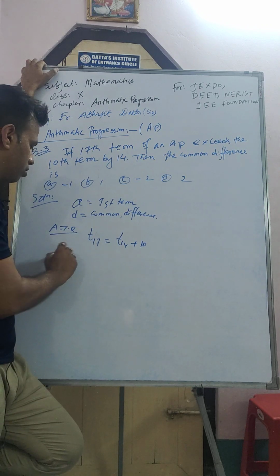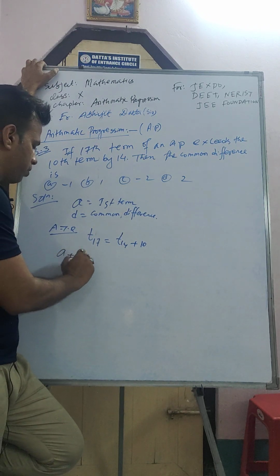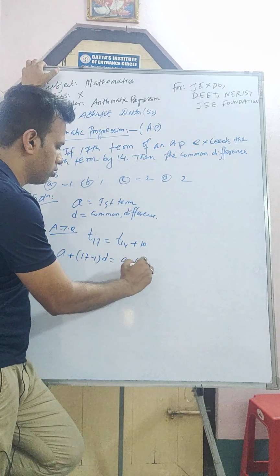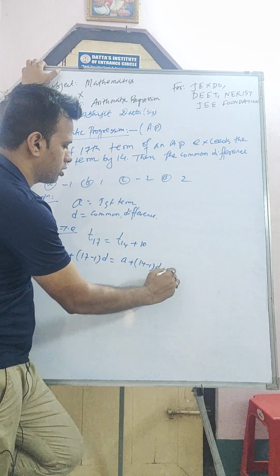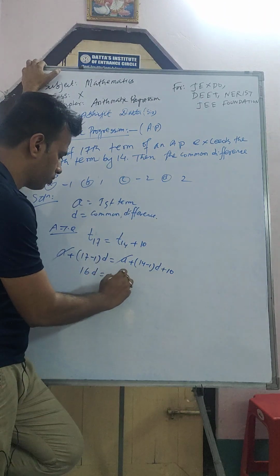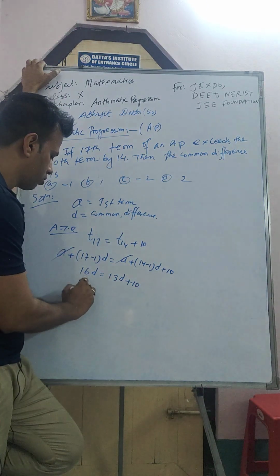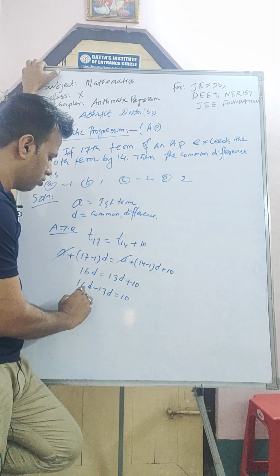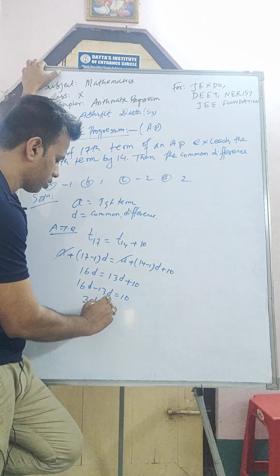So it will be A plus 17 minus 1 into D equals A plus 14 minus 1 into D plus 10. So A will be cancelled out, it will be 16D equal to 13D plus 10. So 16D minus 13D equal to 10. So it will be 3D is equal to 10.